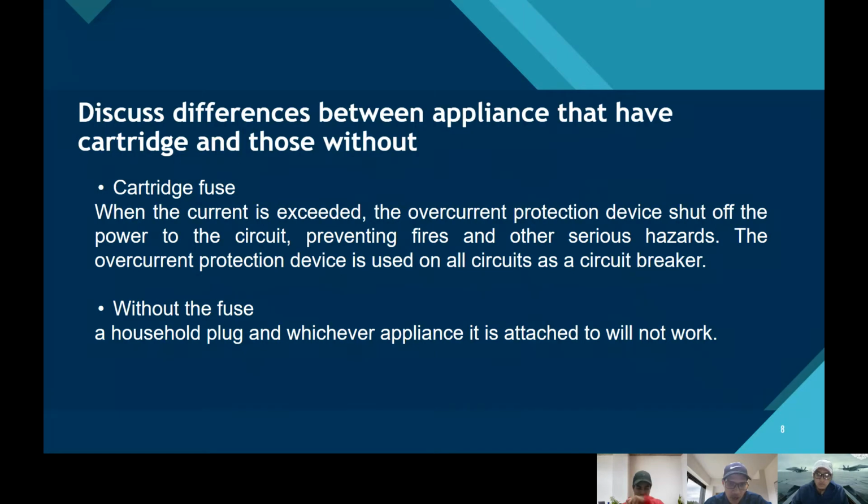It can protect all the appliances from serious hazards. When the appliance is without the fuse, the plug and whichever appliance it is attached to will not work. This is a very good function for users to make sure that the appliance is in a safe condition. So next question and next slide.